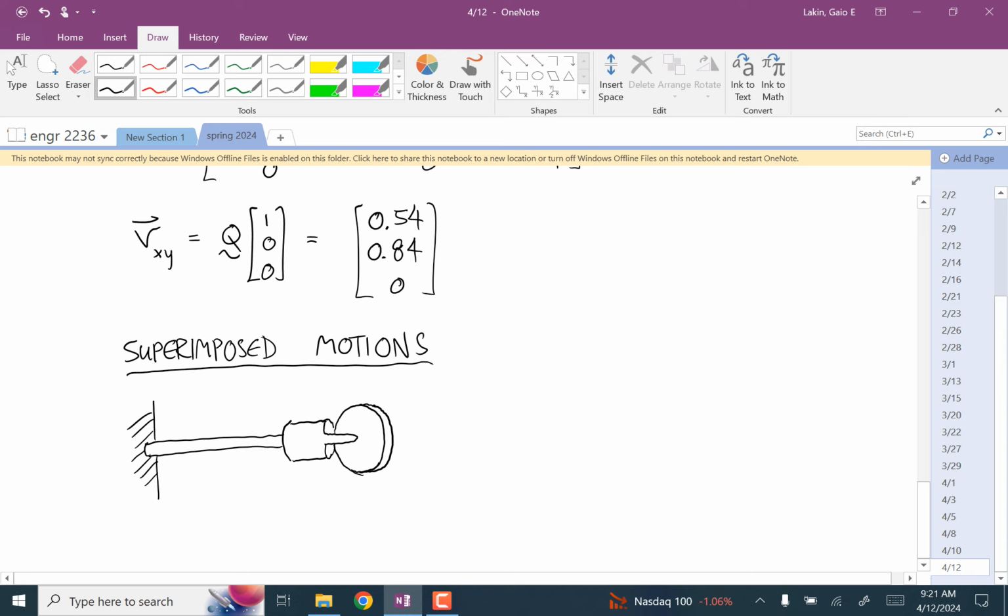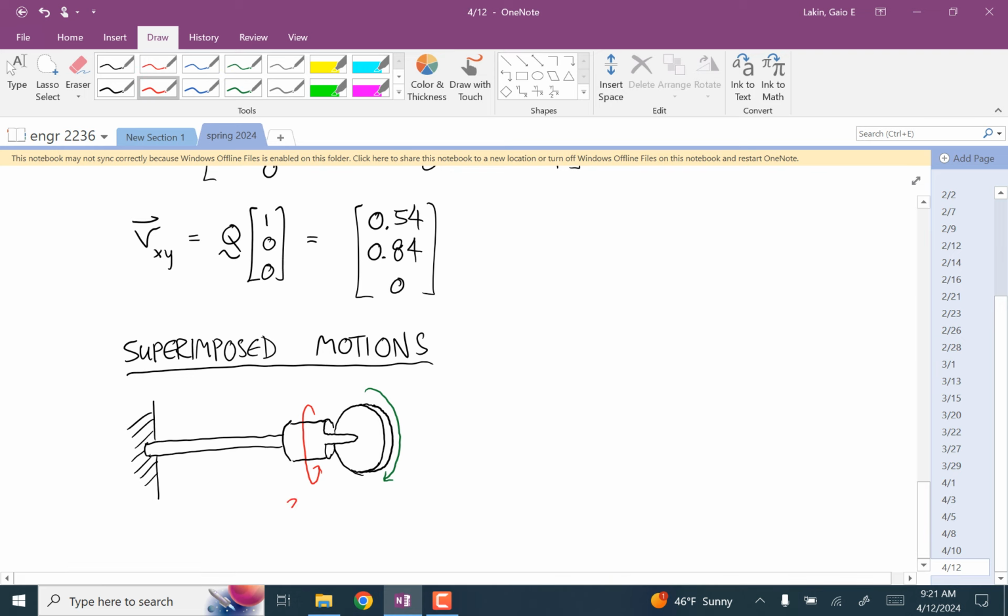Okay. And this body, I forget the name of this thing, but this guy is spinning this way. Okay. And then the wheel is spinning this way.